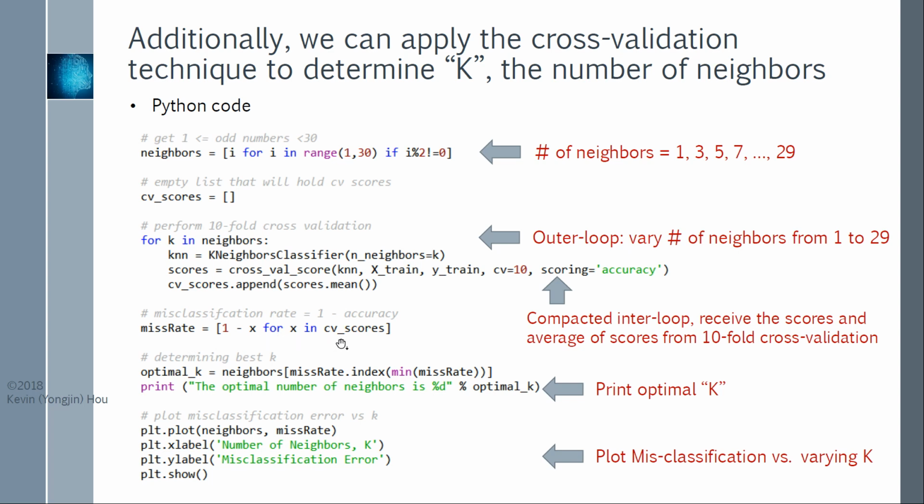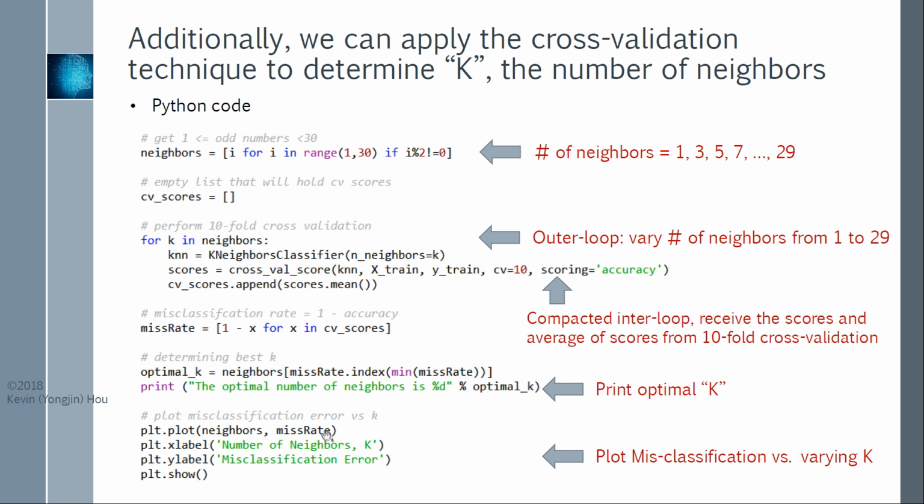We want to convert the accuracy into misclassification, where the relationship is just 1 minus accuracy is the misclassification rate. Those two lines of code are very trivial. They just figure out, based on all the different variations in the number of neighbors, which choice of k has the minimal misclassification outcome, and then do some printing based on that.